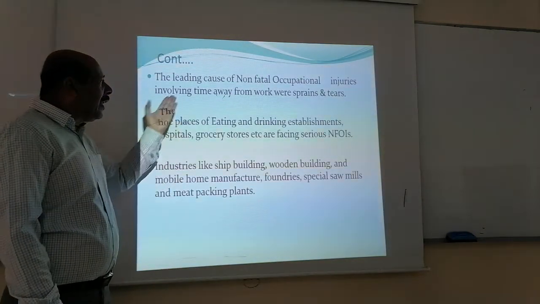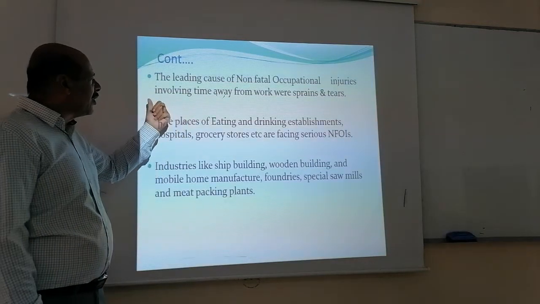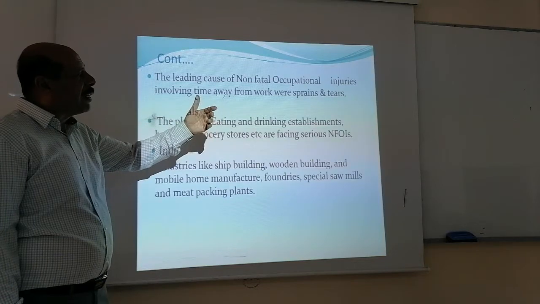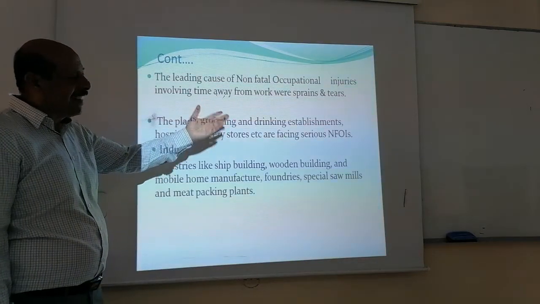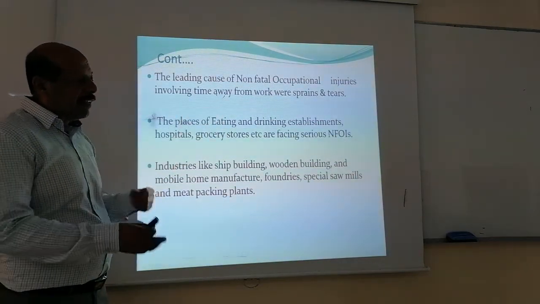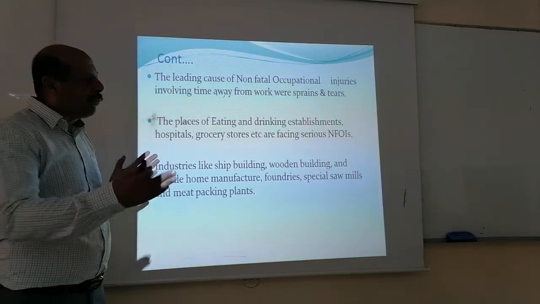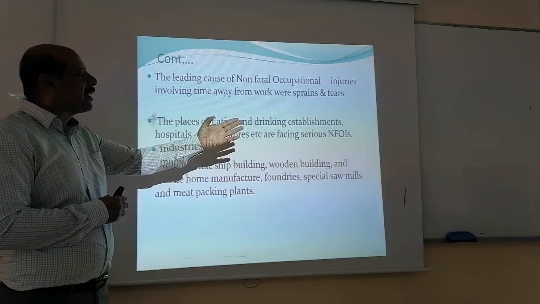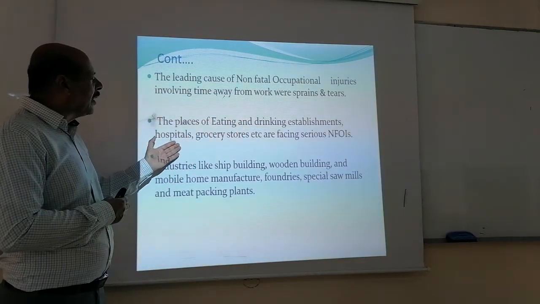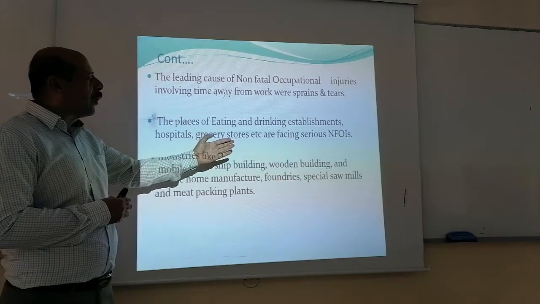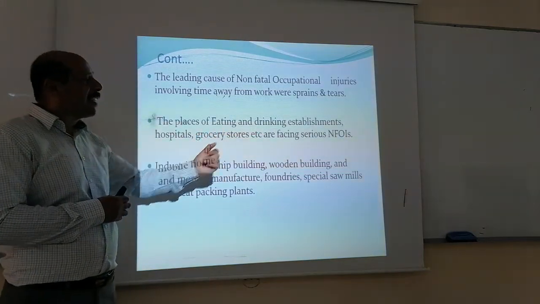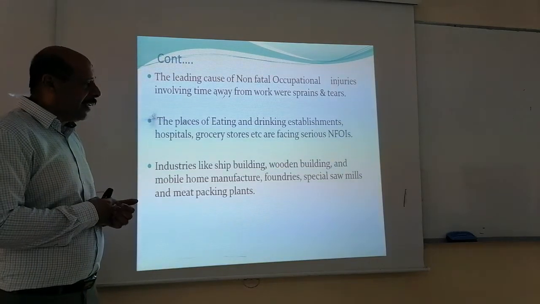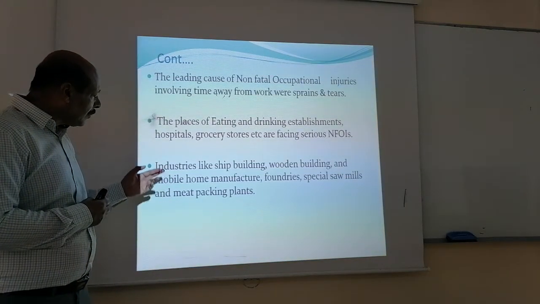The leading cause of non-fatal occupational injury involving time away from work is sprains and tears. When sprains and tears occur, they have to leave work for a long period of time. Eating and drinking establishments, hospitals, and grocery stores are facing serious non-fatal occupational illness.